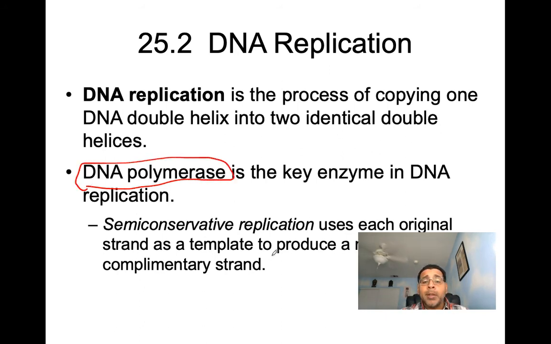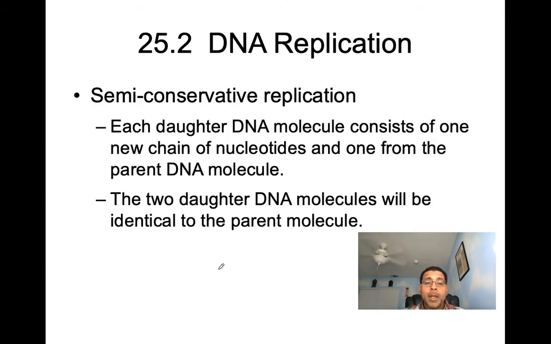Now, semi-conservative replication uses each original strand as a template to produce a new complementary strand. In semi-conservative replication, each daughter DNA molecule consists of one new chain of nucleotides and one from the parent DNA molecule.